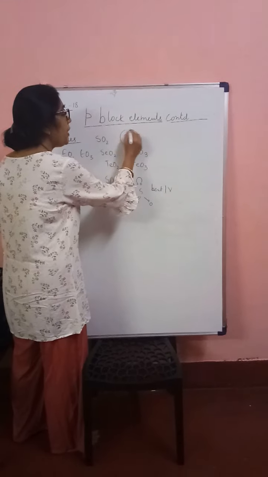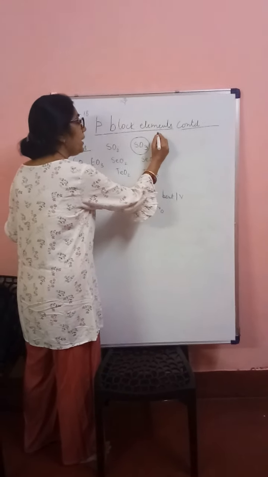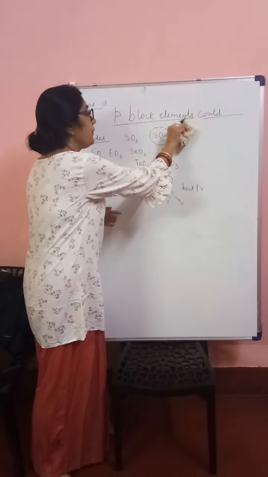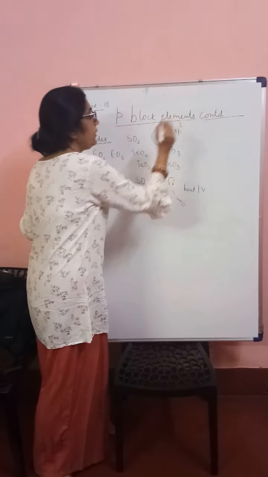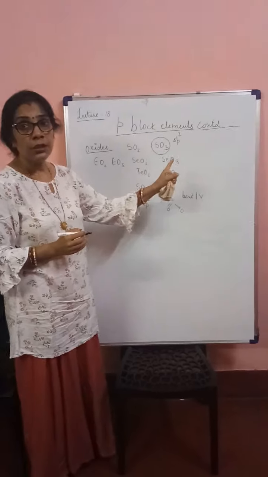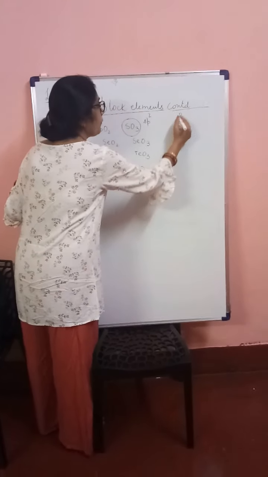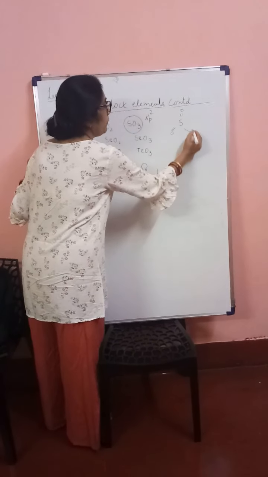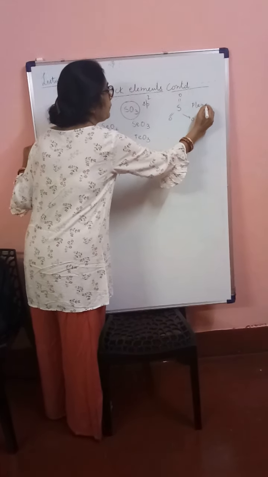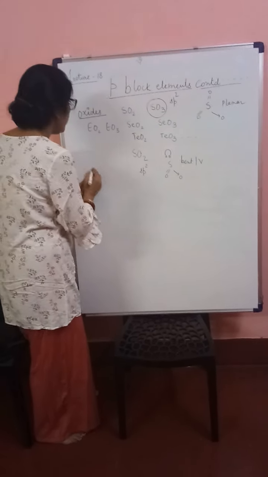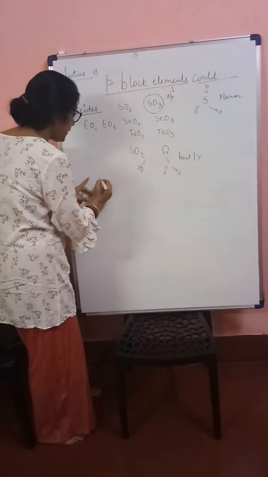SO3 or any trioxide will be sp2, the same hybridization, but it does not have any lone pair of electrons. So this will be planar in shape.